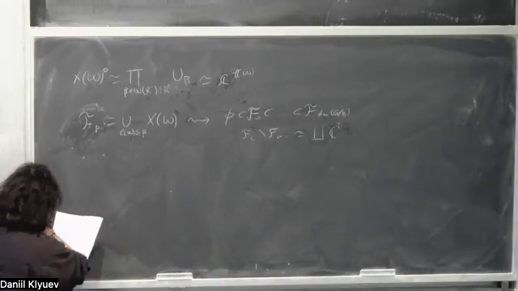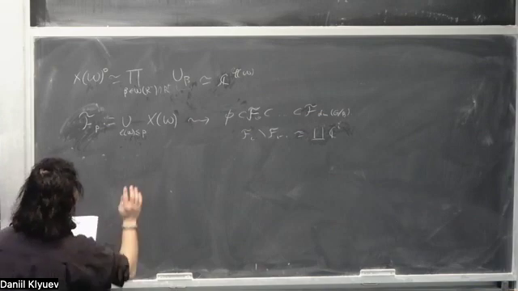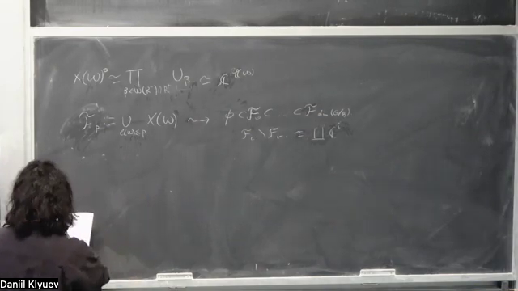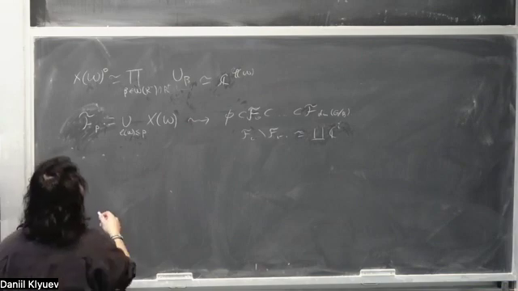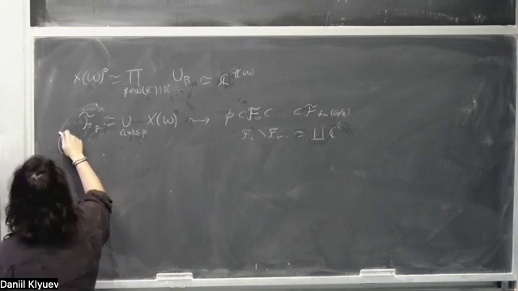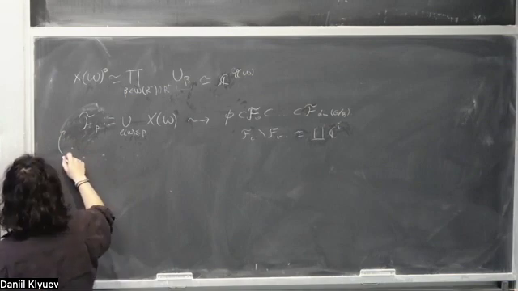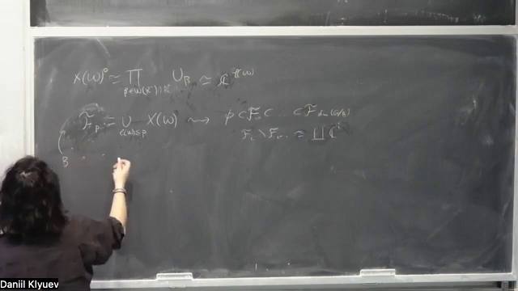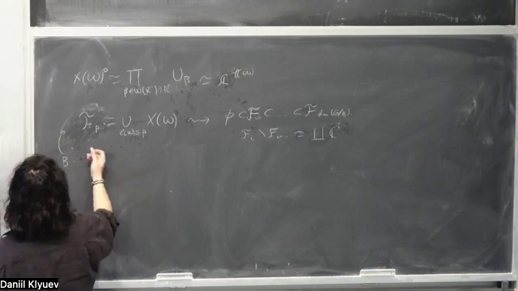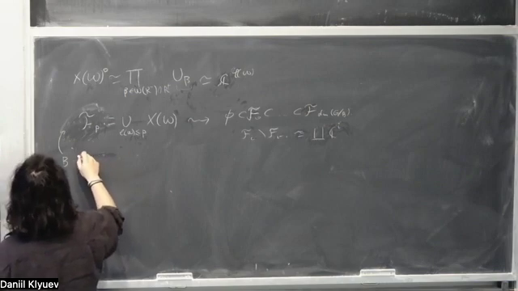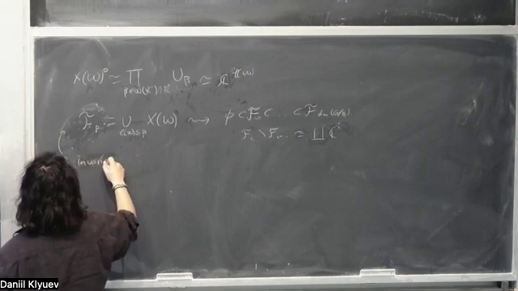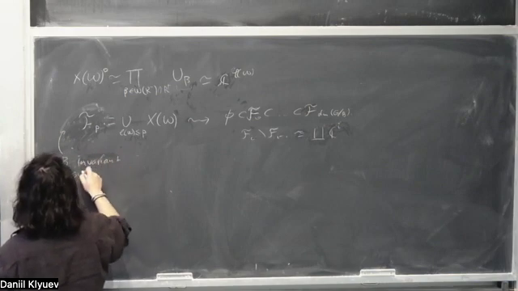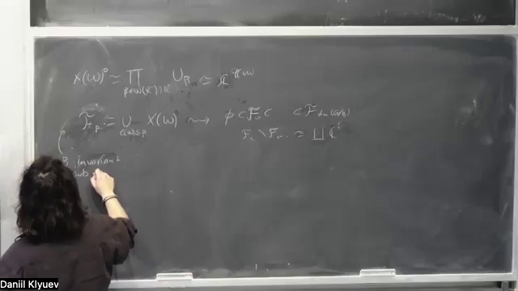Some copy of C to i. And also these things are B-closed, B-equivariant, B-invariant subvarieties.